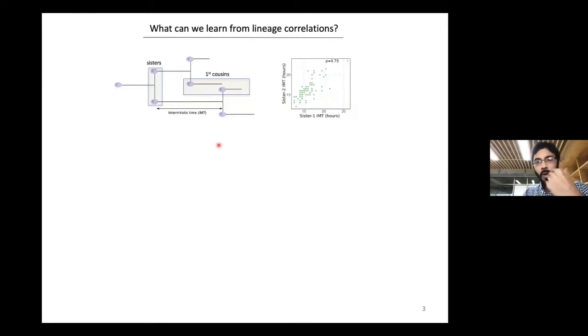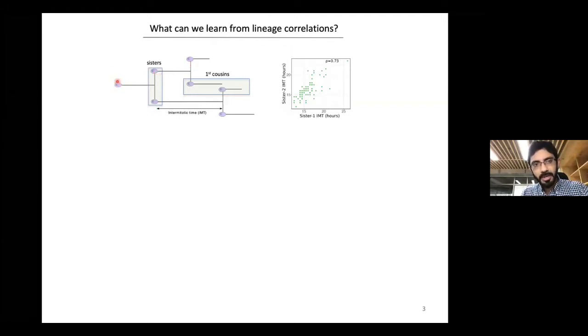One of the interesting questions that we try to address is this: when you look at hundreds, sometimes even thousands, of these single cell division events in time-lapse movies, you can start generating lineages that look like this.